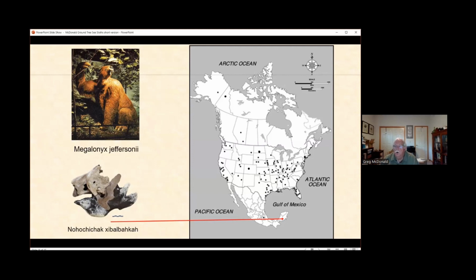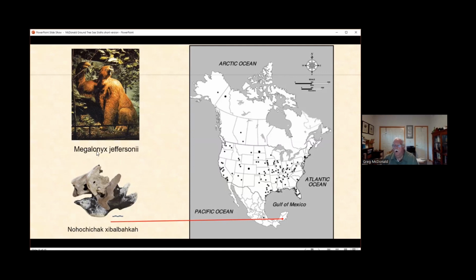It was also attracting animals to the water supplies, and we've recently been finding Megalonychid sloths, equal in size to Megalonyx, down in southern Mexico and in the cenotes and cave systems there. But they're quite different in their anatomy. They're different genera. This is one that was described.